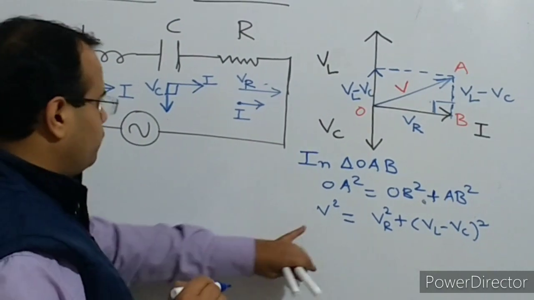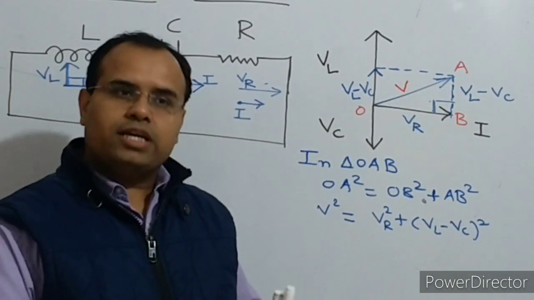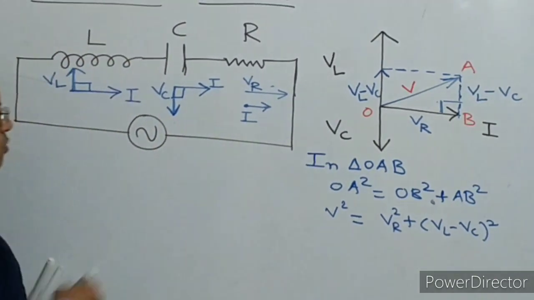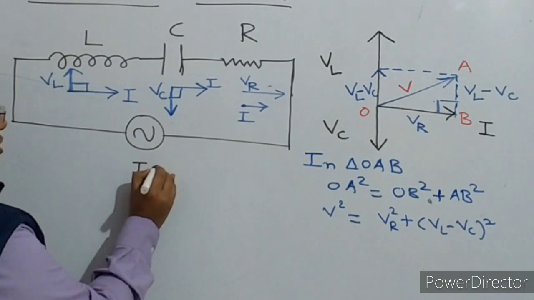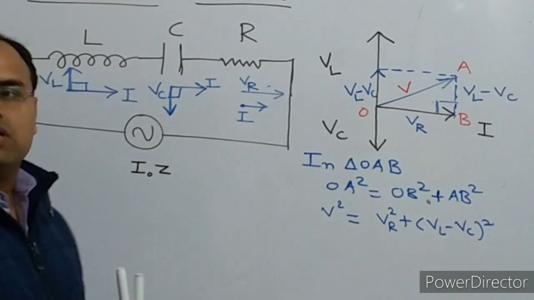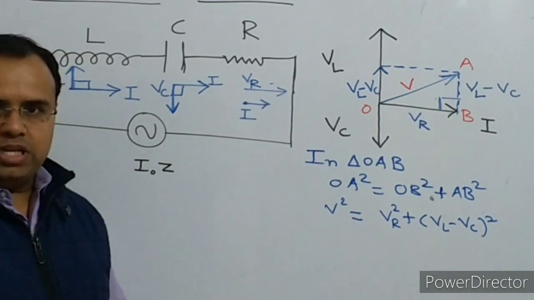Now this voltage V is equal to current times resistance. Because V stands for the resultant voltage, it stands for the entire circuit, so here we can write V is equal to I naught times Z, where I naught is the peak value of the current and Z is called the impedance.